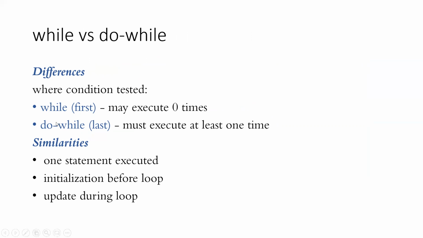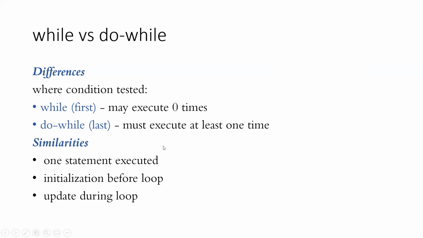But in your do while loop, the condition is evaluated at the end. So even if your condition is false, it must execute at least one time. It executes first before it checks the condition, and that's where we'll know whether your condition is true or false. So what are the similarities?